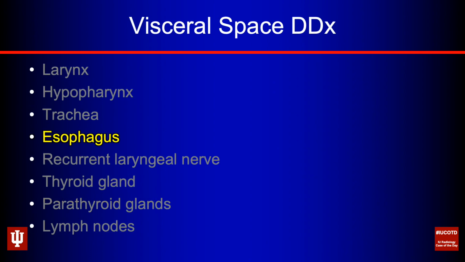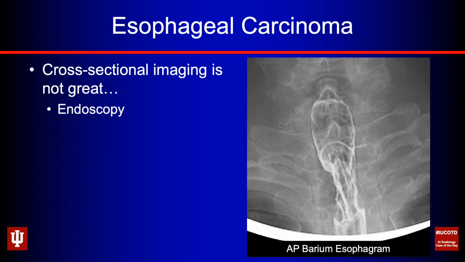And that is my segue into discussing the esophagus. So we're going to start with the bad boy, esophageal carcinoma. And you probably don't need me to tell you this if you've done radiology for any time at all, but cross-sectional imaging is not great for evaluating for esophageal carcinoma. It just simply isn't. This is a diagnosis that we rely most heavily on endoscopy for in this day and age.